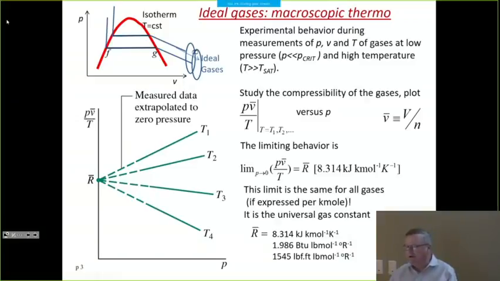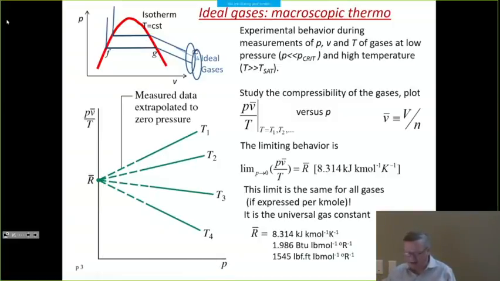So there are several ways to describe your ideal gas. Your macroscopic thermodynamic behavior is purely experimental. We're going to look at gases out here. We measure pressure, volume, and temperature of such gases, and we can plot pressure times specific volume over temperature as a function of pressure.